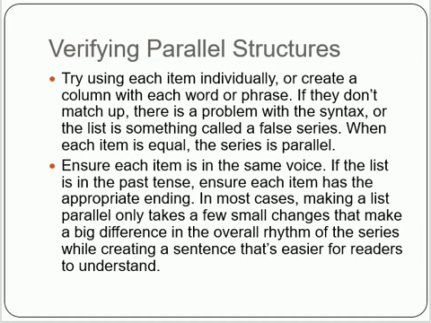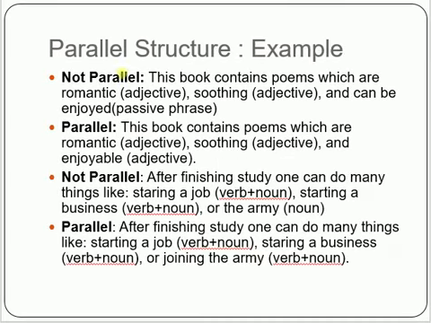So what you have to do is match each item, and if there is a problem with the syntax, definitely you'll see that this is a false series, and when the items are equal, the series is parallel. So look here, we are matching the items.